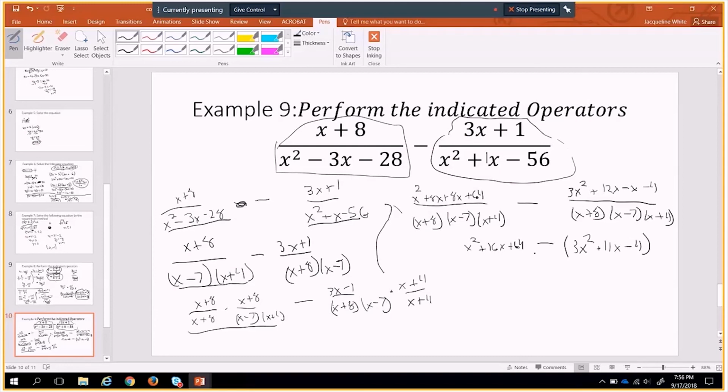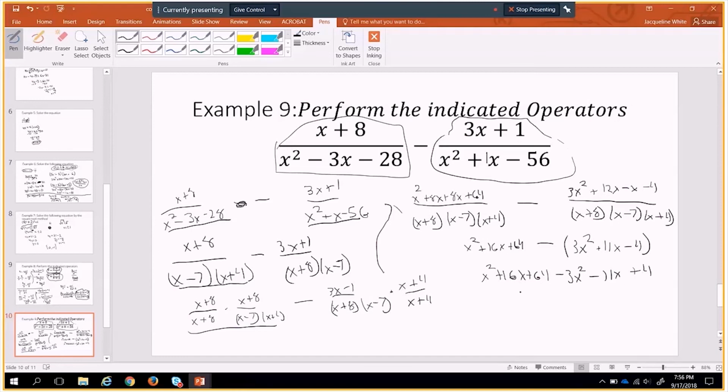All right, just worrying about the numerator now. So now let's distribute that negative inside. That's x squared plus 16x plus 64 minus 3x squared minus 11x, and then minus 4 is going to give you a plus 4.